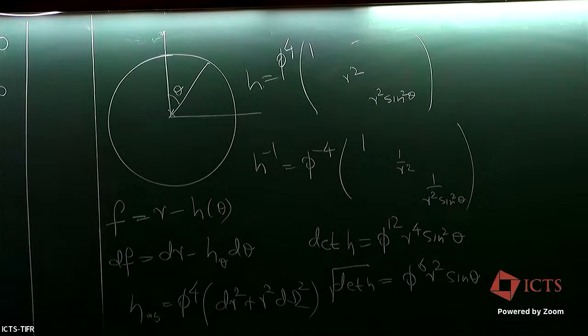So it's important to keep track of this conformal factor here. In this case, it's always phi to the minus 4. The norm of df is the square root of that. So that is phi to the minus 2 divided by r times the square root of r square plus h' theta square.